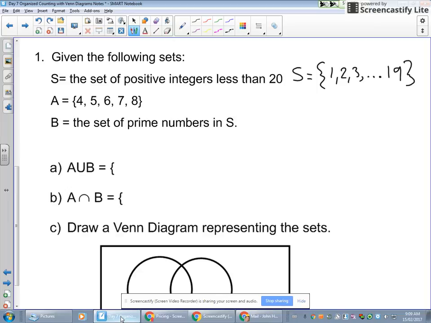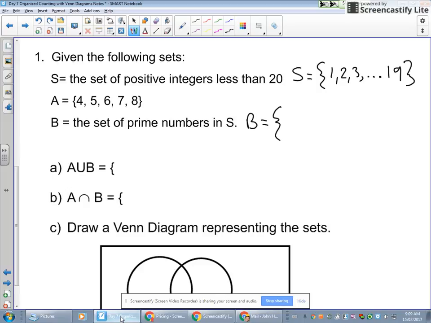We're given A is 4, 5, 6, 7, and 8. And B is the set of prime numbers contained inside of S. So B, who remembers the prime number definition? I had to look it up last night. Anyone remember? Only divisible by 1 and itself.